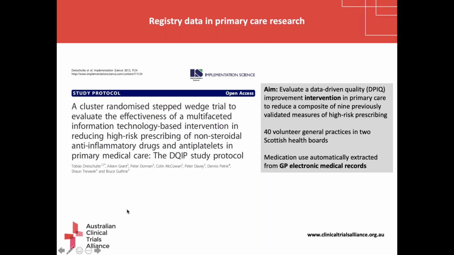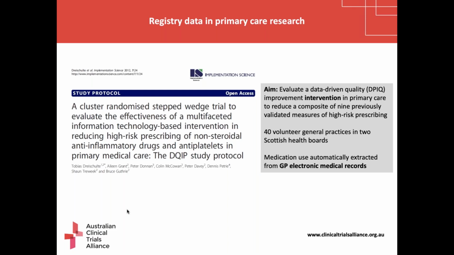So Andrew actually covered a lot about cluster randomized trials. And as he said, cluster randomized trials randomize clusters to the intervention and control arms, whilst the outcomes are measured at the individual level. Often examples of clusters might be general practices, schools, or communities. They're commonly used in primary care research because the interventions are often targeted at the general practice level.